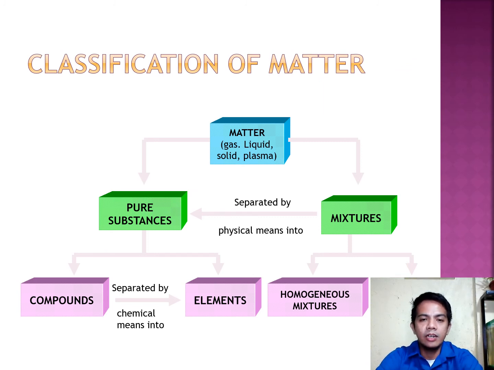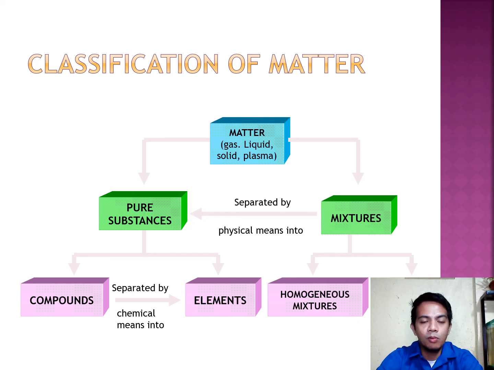Shown here is the organization or the flow of matter. Matter can be gas, liquid, solid, or plasma. Under matter, there are two classifications: the pure substance and the mixture. The mixture can be separated by physical means into pure substances. Under pure substance, we have compounds and elements.